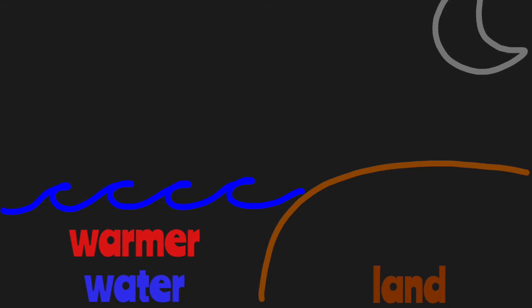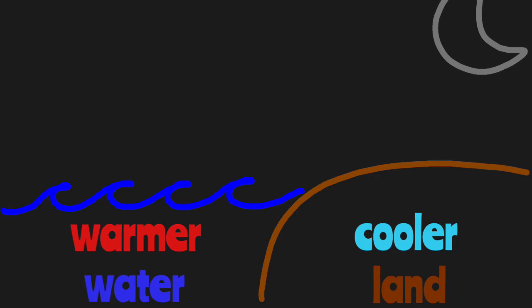Because of this, the water temperature is actually the same temperature as it was during the day. But because land heats and cools more quickly than water, remember that the land temperature at 3 o'clock in the afternoon was super duper warm, and by the evening, the land temperature is cold. This makes the water temperature, relatively speaking, warmer than the temperature of the land.